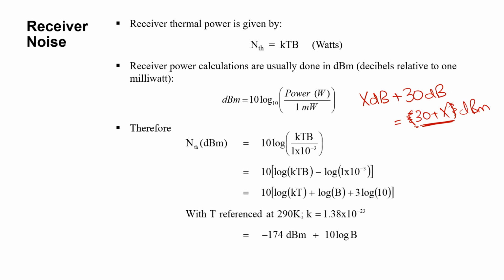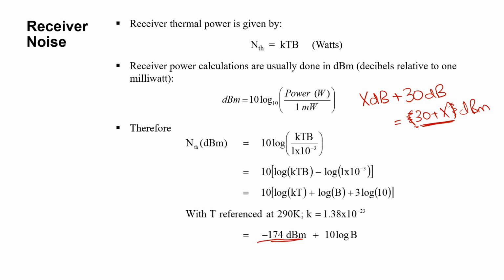With T referenced at 290 Kelvin, and the Boltzmann constant being a constant, our general thermal noise is minus 174 dBm plus 10 log B.